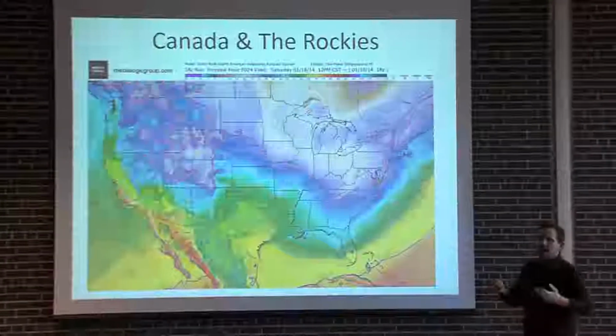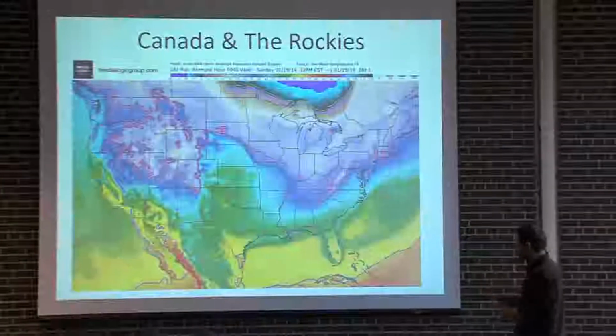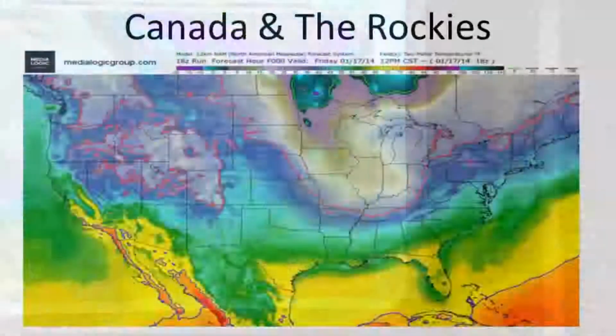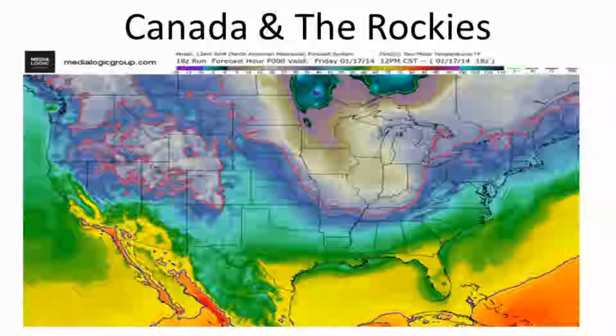The Rocky Mountains, with this high elevation, allow cold air to form and basically sit there. And then when certain weather systems move through, it'll bring that cold air to the east, a big key ingredient to severe weather formation. But also the cold air that forms in the northern half of the North American continent.